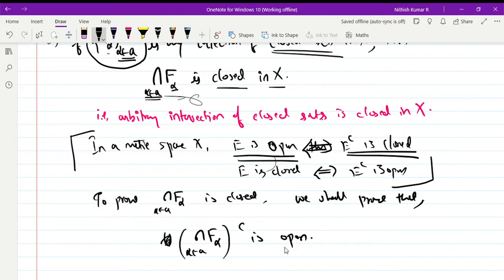Now if this is proved, that is, the complement of the intersection of F alpha, alpha belongs to A, is open, then its complement, which is nothing but the intersection of F alpha, alpha belongs to A, will be closed.